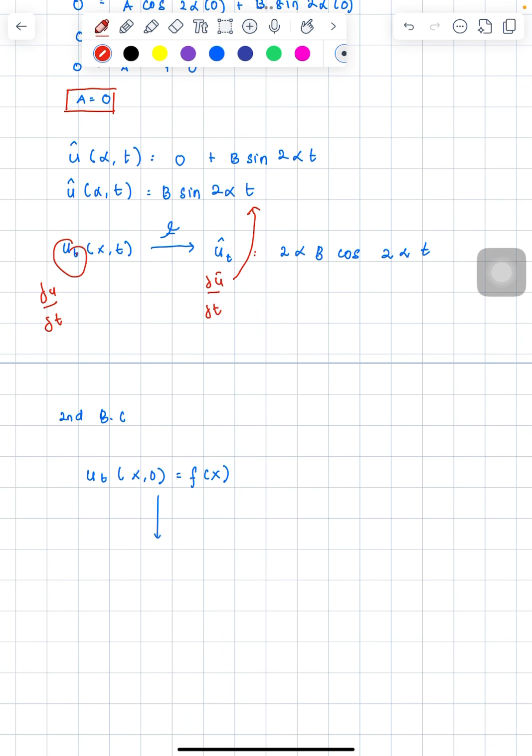We transform this by using Fourier transform. It will become u hat_t(alpha, t) equals the Fourier transform of f(x).